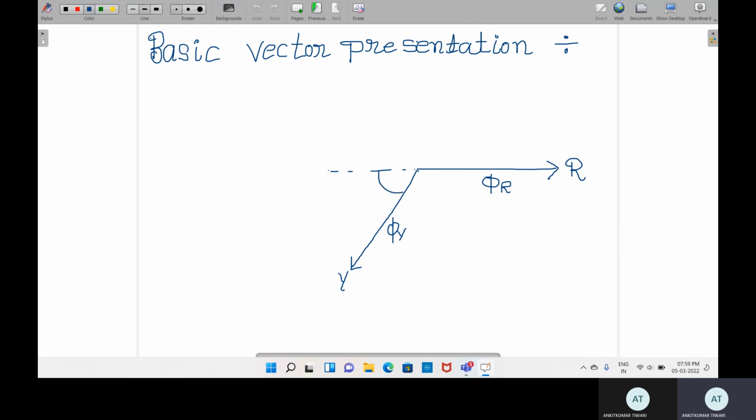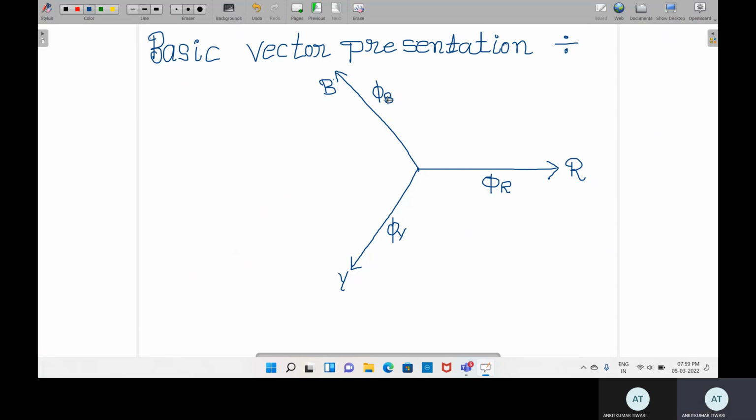So this is our 60, this is 60 degrees, and next is 60. This is our B phase, and this will produce the phi B.